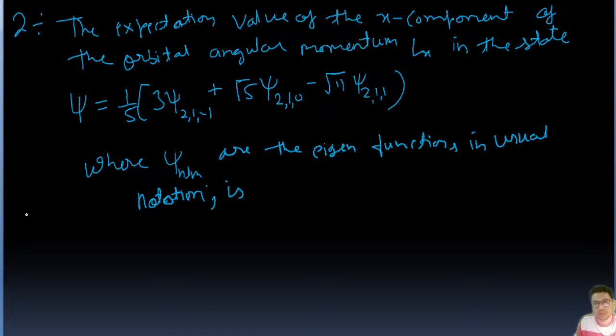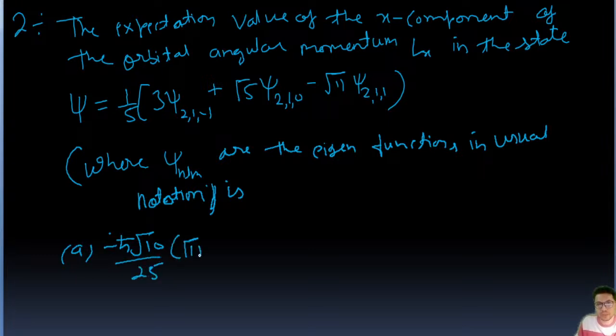Okay, the options are: option A is minus h cut root 10 upon 25 into root 11 minus 3.